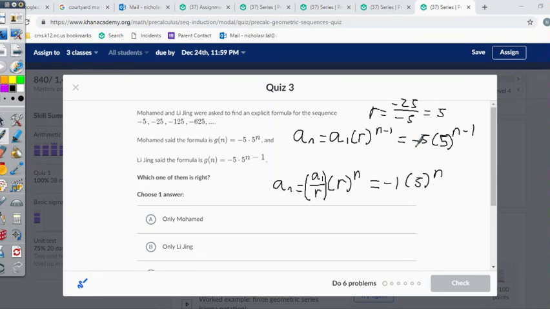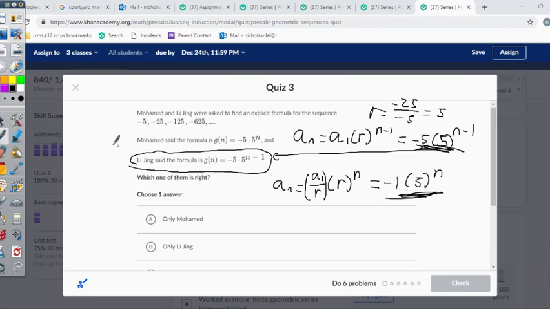As you can see, negative 5 times 5 to the n minus 1, Li Jing is correct. But Mohammed's formula doesn't match up with any of the explicit formulas for the sequence. You can also plug it in. So only Li Jing is correct.